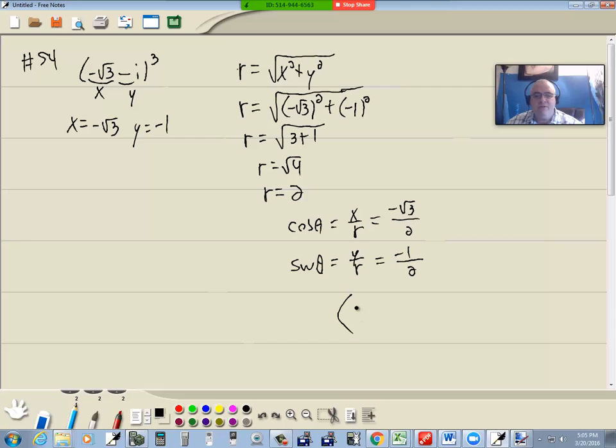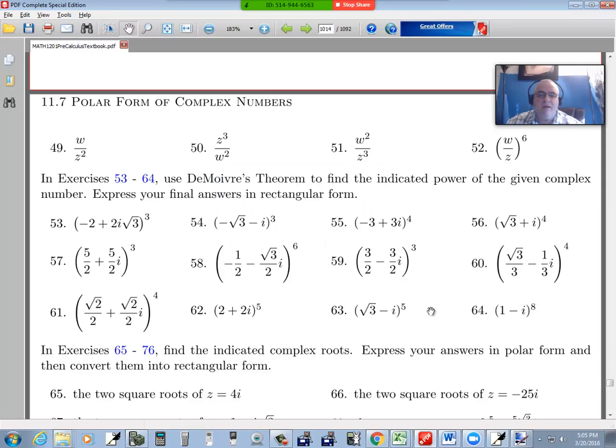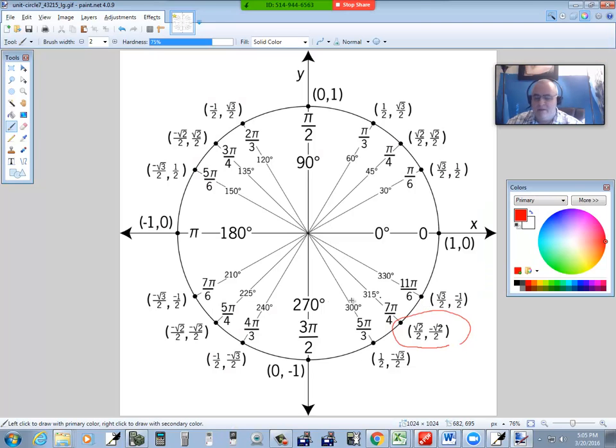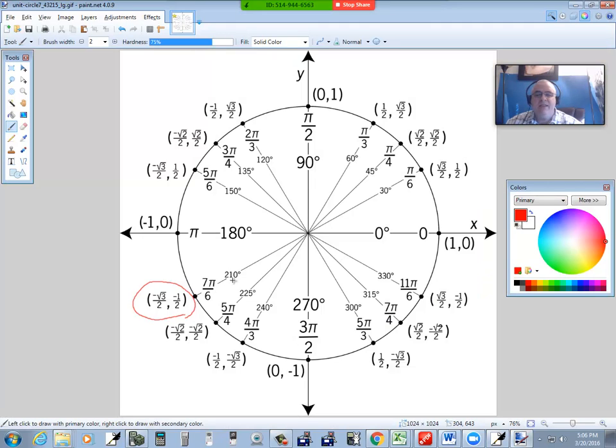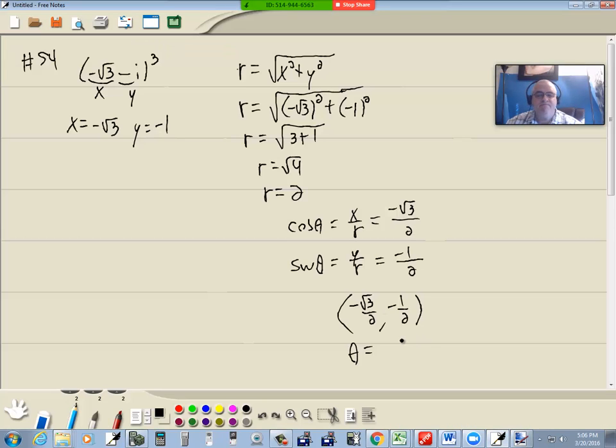So we're looking around our unit circle for negative square root of 3 over 2 and negative 1/2, and that'll give us our theta. We want it in degree form. Okay. Negative square root of 3 over 2 and negative 1/2. That would tell us that theta is equal to 210 degrees.